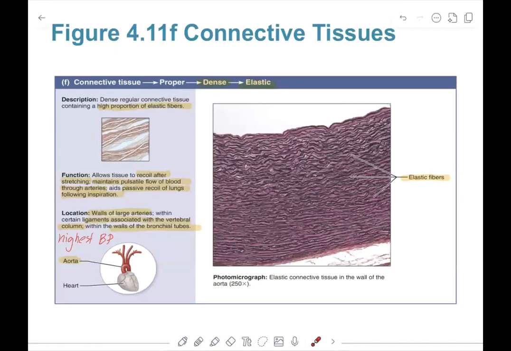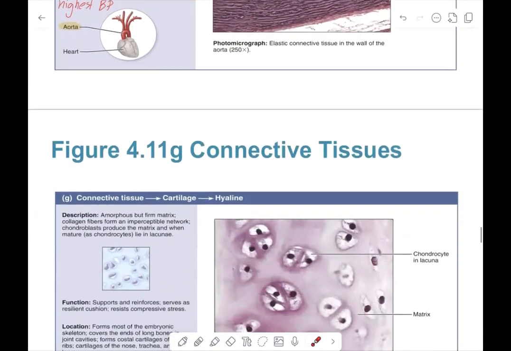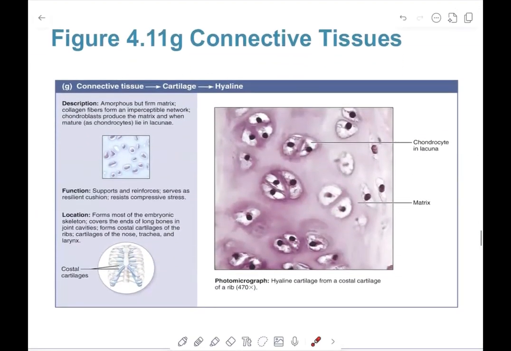The next three that we're going to look at are cartilage. And cartilage is going to be very specific because it's going to have these chondrocytes here. And the chondrocytes, to me, they look like they have little eyeballs in them. So that's the way that you can remember them.